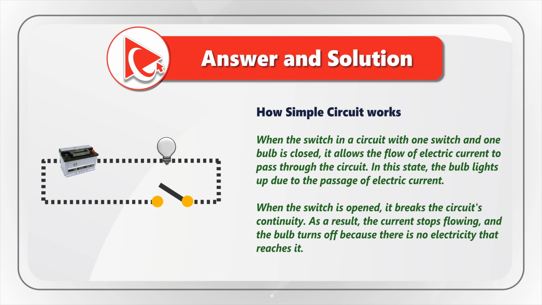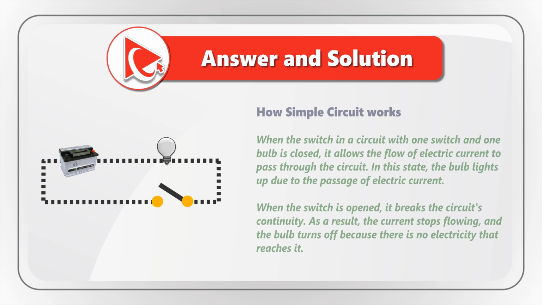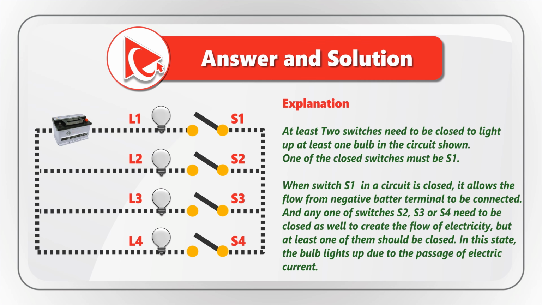Now, with the understanding of this simple circuit, let's go back to the original question. I think that at least 2 switches need to be closed to light up at least 1 bulb in the circuit shown. And one of the closed switches must be S1. When switch S1 in the circuit is closed, it allows the flow from the negative battery terminal to be connected.